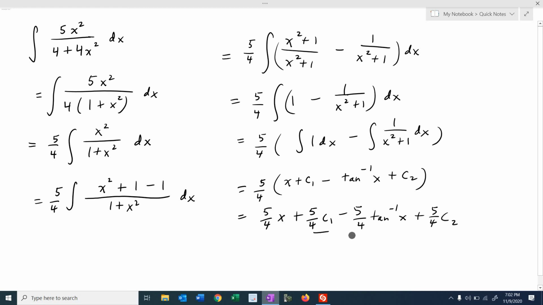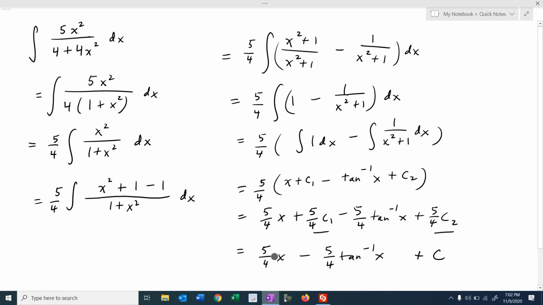And then notice that these two here are just two constants. This is a constant, and this is another constant. When you add those two constants together, you get another constant, and I'm just going to call that C. Okay, so the antiderivative of this function is equal to this.